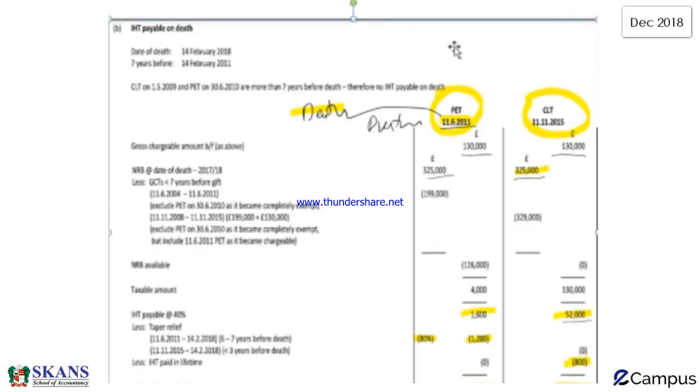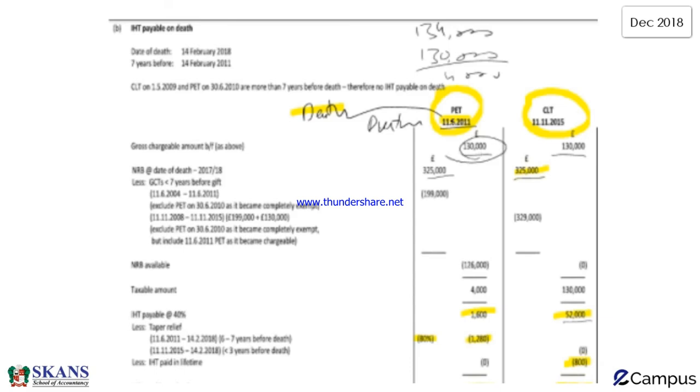Let's say the examiner said that the value of that asset which used to be 134 has been reduced to, let's say, 130, that means we will be able to deduct 4,000 from this 130, and then we will be applying the nil rate band and 40% rate. So it is quite a win-win situation for the taxpayer. If the value of an asset increases after making a lifetime transfer, we still have to pay taxes on the same GCA.